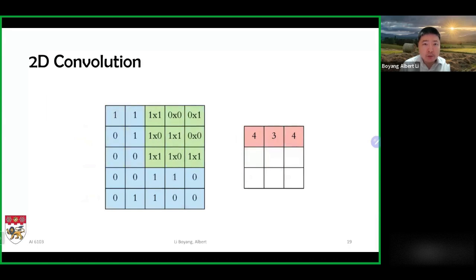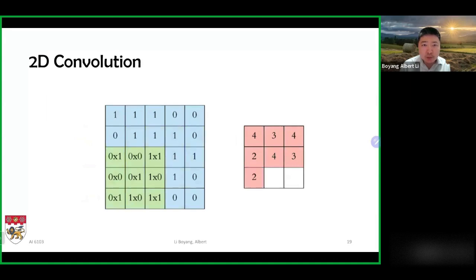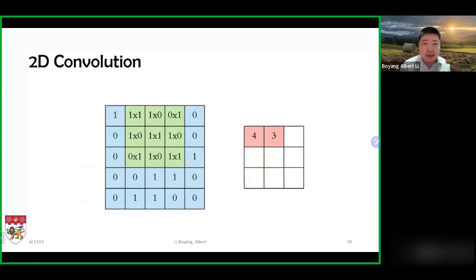But what I've just shown to you is a 1D case of convolution. What I'm showing to you now is a 2D convolution, where we have a set of weights denoted by the green square, and we are moving this green square around in the space of the input. So our input is this blue matrix.